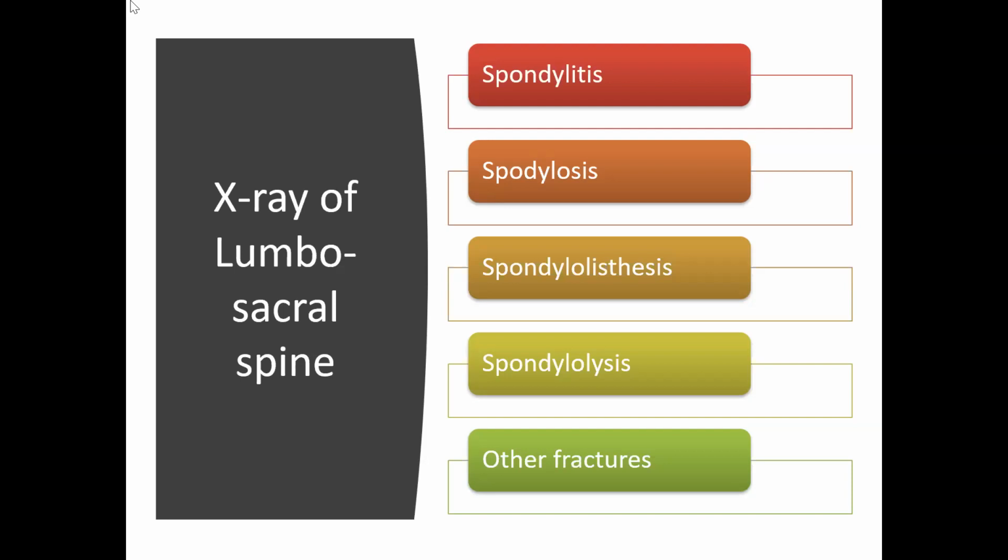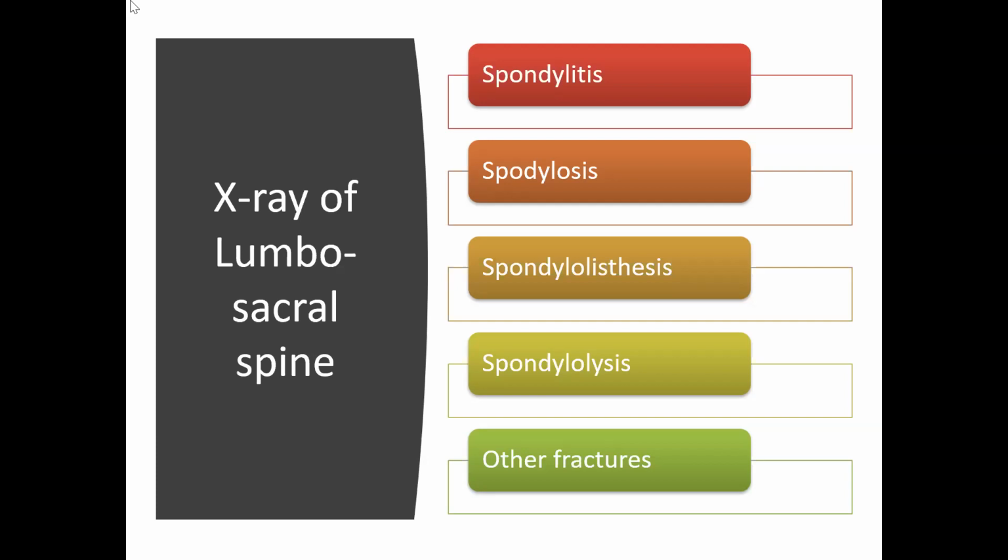What are the things which you can make a diagnosis of? And a little bit about these few terms. So spondylitis, what is it? It is basically a layman term. Either you should call it spondyloarthritis, or you should call it ankylosing spondylitis. Only spondylitis is more commonly used by laymen.